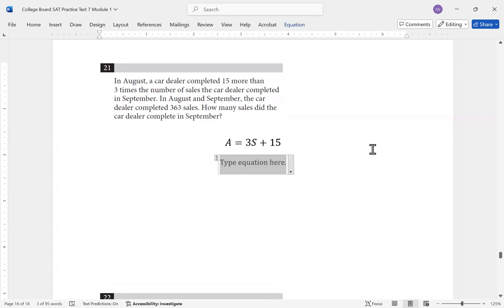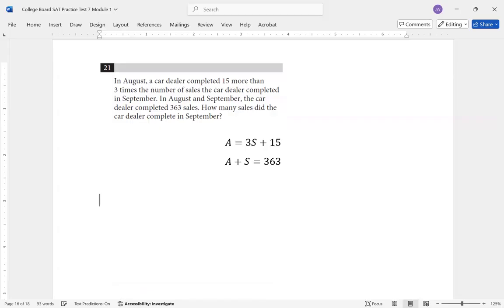Then it says in August and September, the car dealer had a total of 363 sales. So I have these 2 linear equations that I need to combine and solve. I can do that by using substitution.